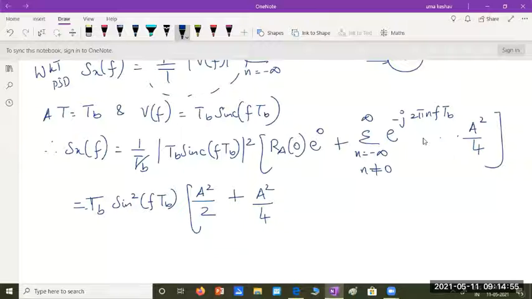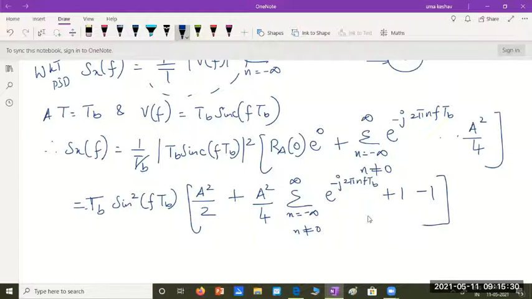So if I take a square by 4 outside the summation, inside the summation I'll have n is equal to minus infinity to plus infinity, but n not equal to 0, e power minus j2 pi fn tb. Okay. Now, in order to simplify this, I'll try to just add plus 1 and minus 1 into this.